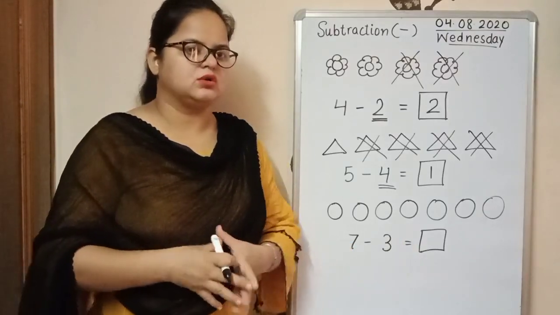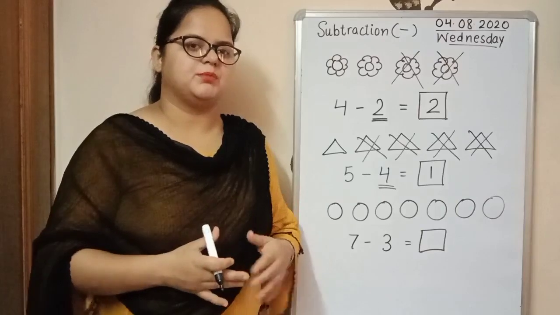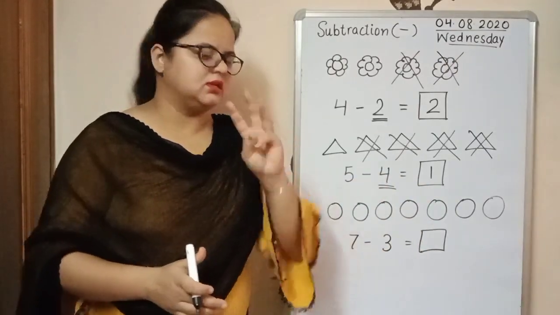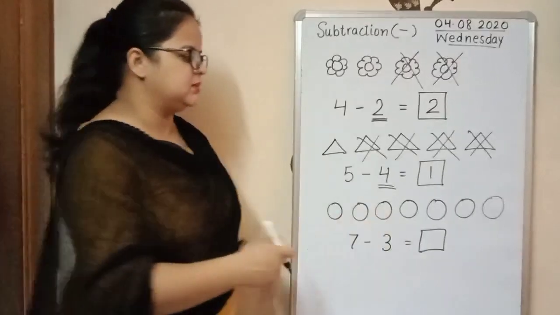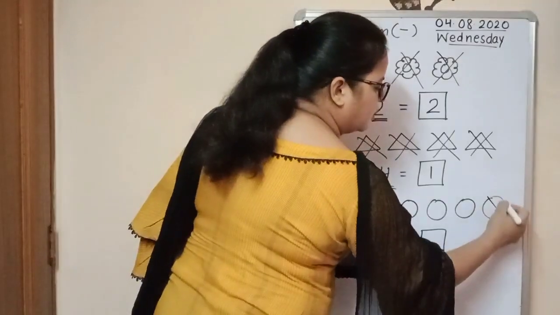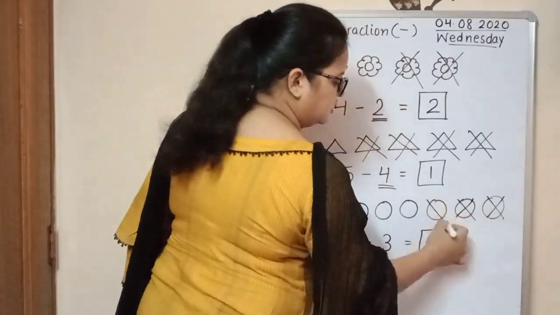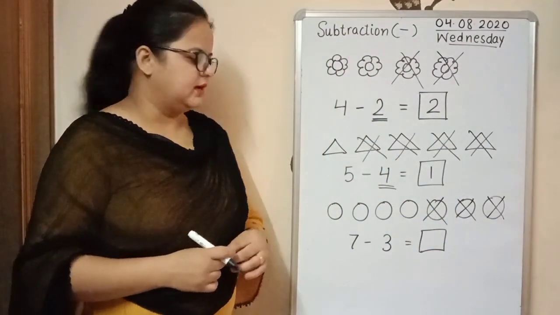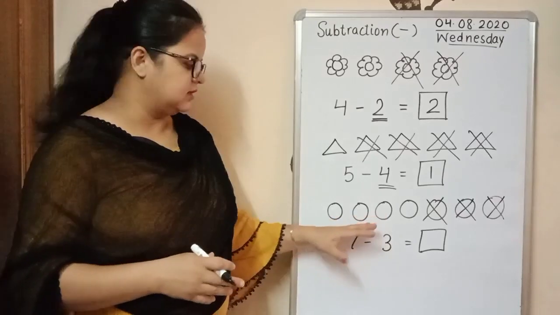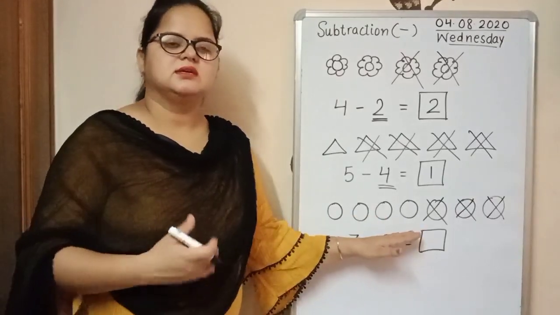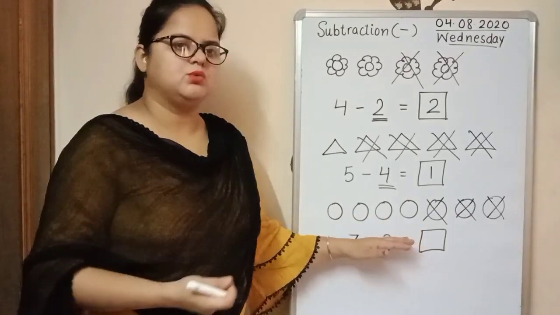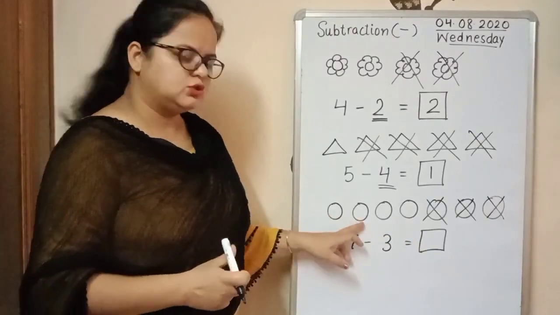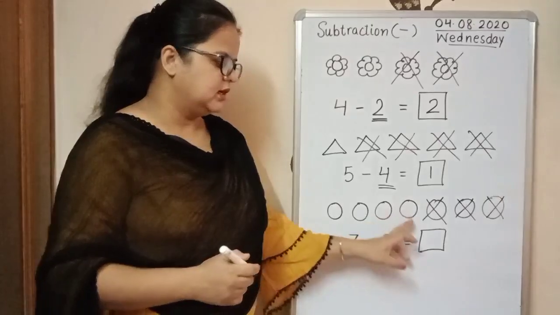How many cross we have to make on circles? Only 3. 7 minus 3. So from 7 we cross 3. 1, 2, 3. We have done? Yes. Now we will count the left circles. How many circles do we have left, how many remain? We will count them. 1, 2, 3, 4.